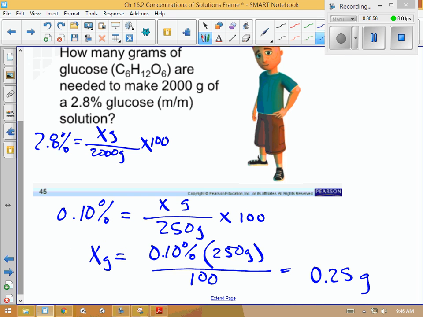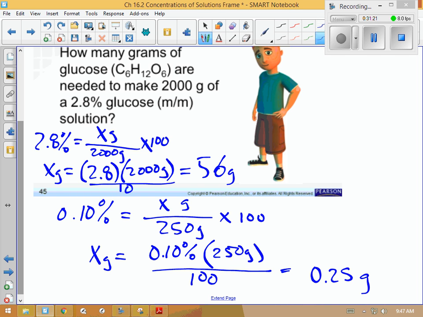So to do this calculation very quickly, to find X grams of glucose, we need to multiply 2.8 by the 2,000 grams and divide that by 100. And when we do that math, we're going to get 56 grams of glucose.